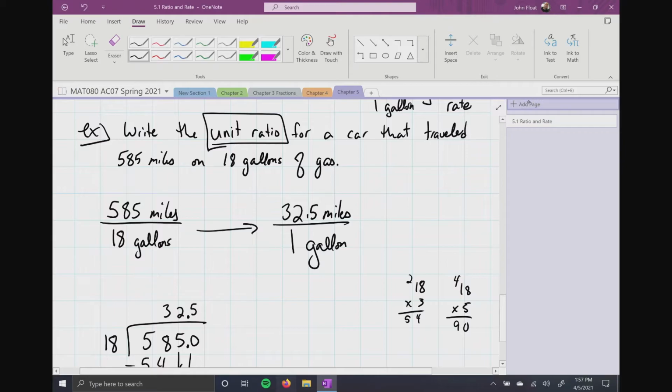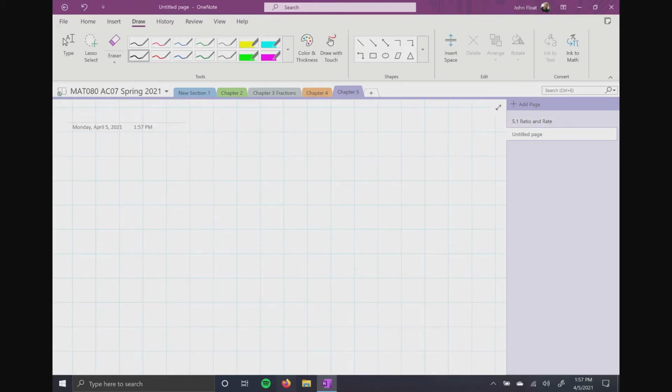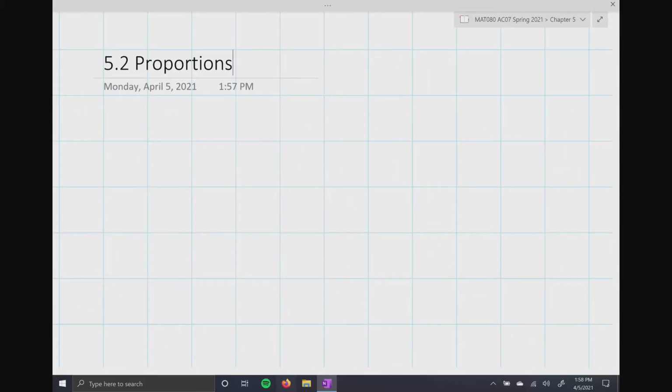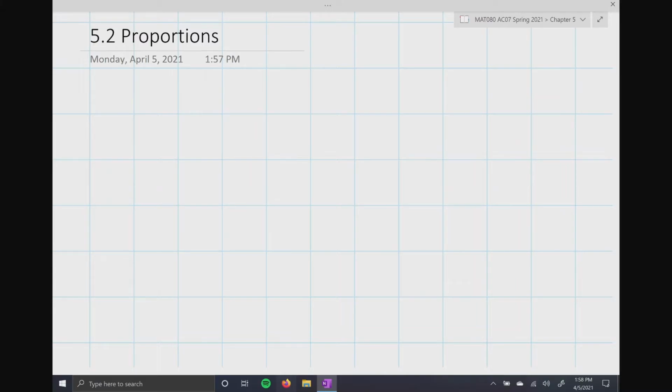Well, 5.1 is done. Like I said, chapter 5 is very small. 5.2 is proportions. Okay? Now, a proportion is nothing more than a ratio equal to another ratio.